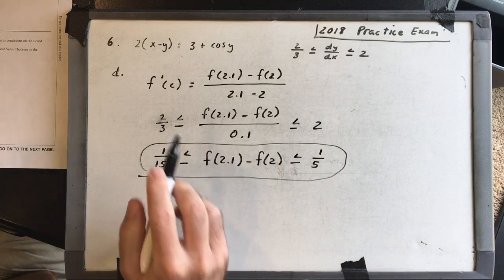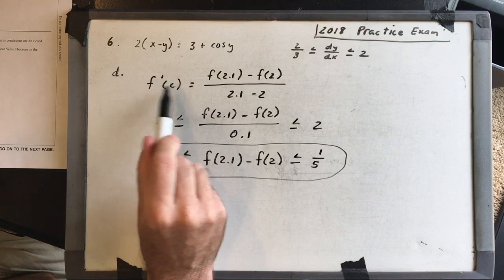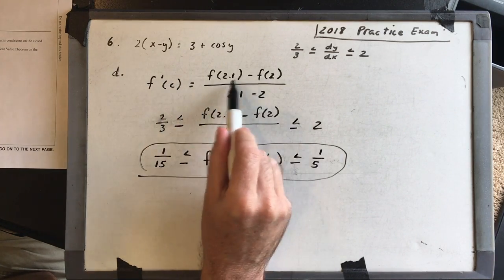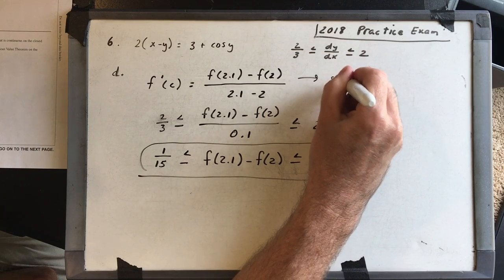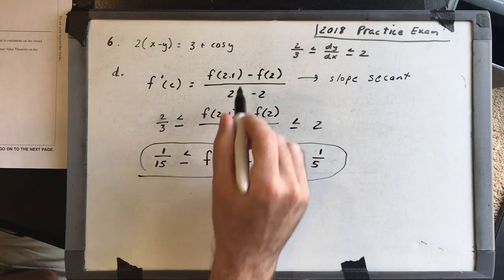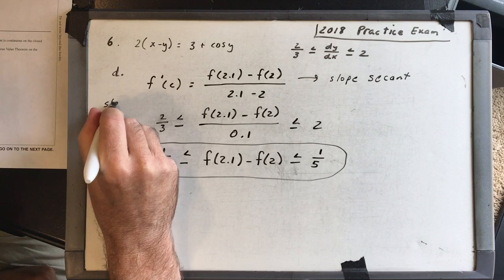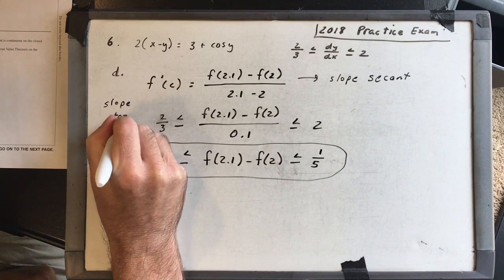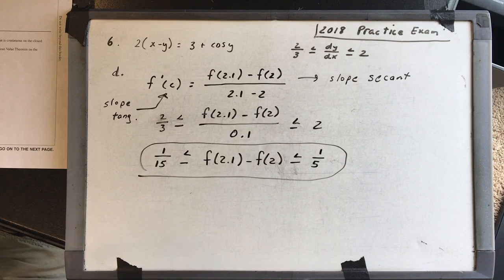So you know that the slope of the tangent line, which is f prime of c, has to equal the slope of the secant line. That's this, right? This is the slope of the secant. And then we just go through the math there. So not hard if you know what the heck to do.